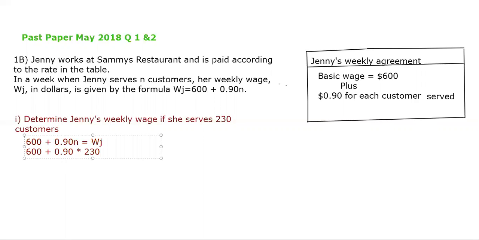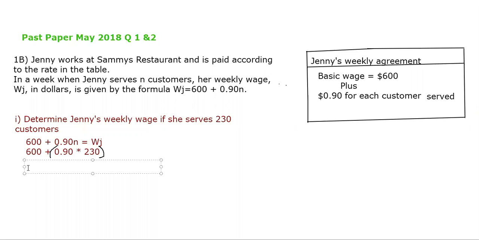So therefore, 230 customers. And of course, I like to draw in my parentheses, right, to separate, because remember that oftentimes when we're dealing with operations, multiplication always occurs first before addition. Good?